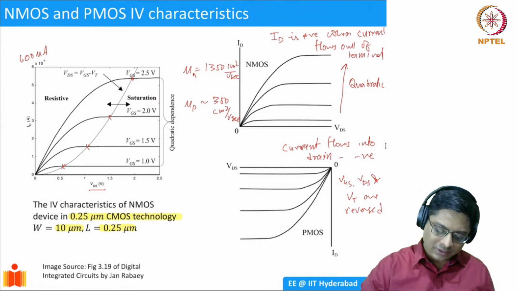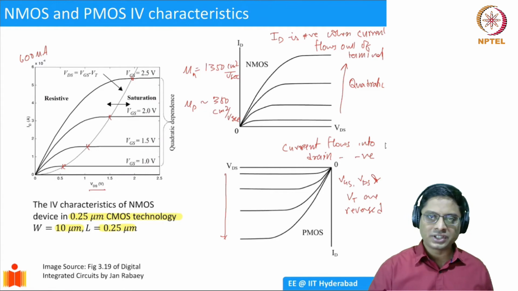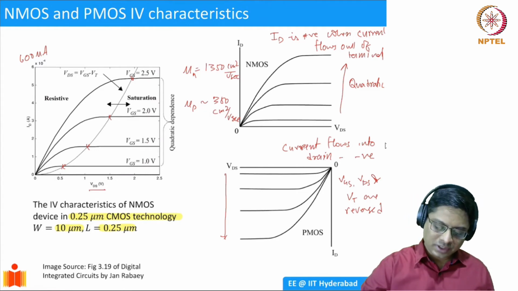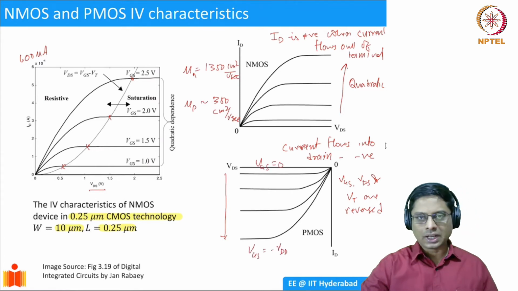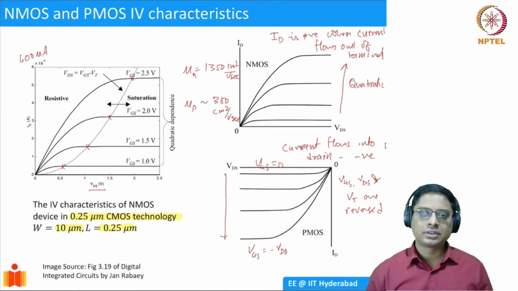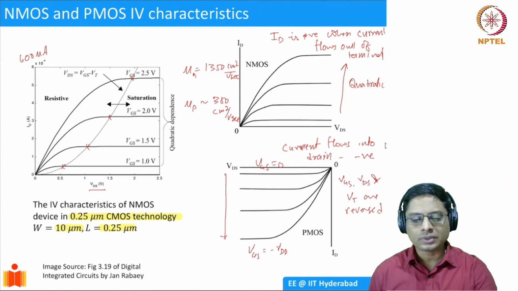That's why your drain current will be in this fashion, quadratically increasing in the negative direction as VGS increases. This would be VGS equal to 0. This will be VGS equal to, let's say, minus VDD. So as you go to more negative voltages, it increases. So this is how the PMOS device behaves. It's exactly complementary.